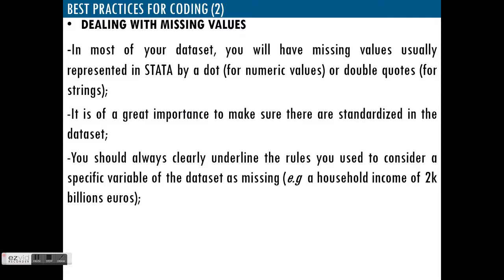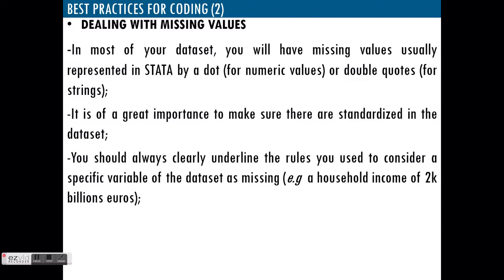So it's very, very important so that you can actually work better, but also you can make other people better understand what you did. So if they also want to come back and clean the data, they know exactly what you used as missing or what you consider as missing.